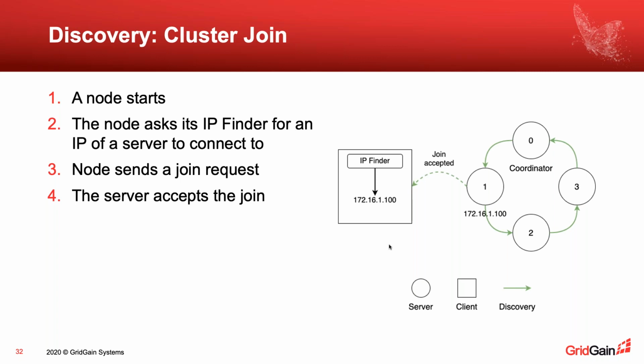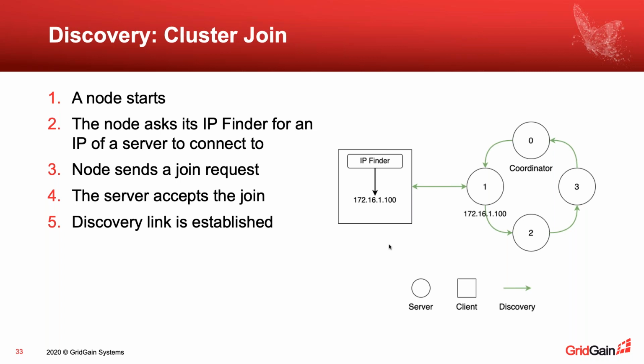In that case, node number 1 may want to check the new client's credentials and may disallow the join. But in this case, say the join is accepted, and then the client establishes the discovery link with that server number 1 that it tried to connect to.